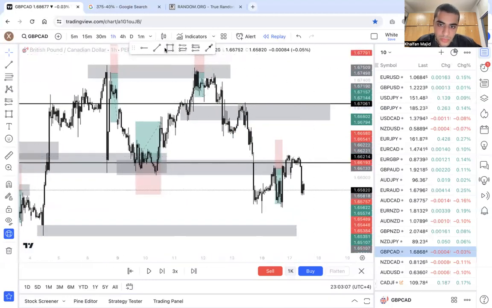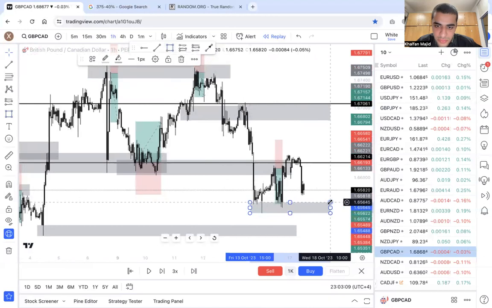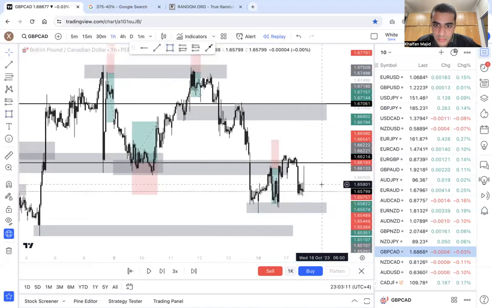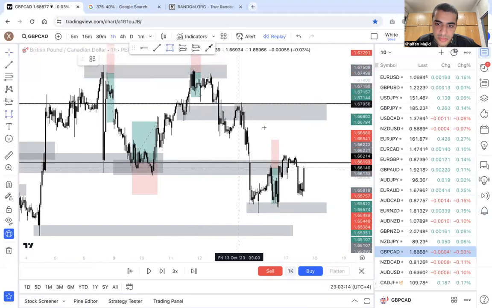Okay, so let's see. It's still not tradable. Also, we made a new zone.